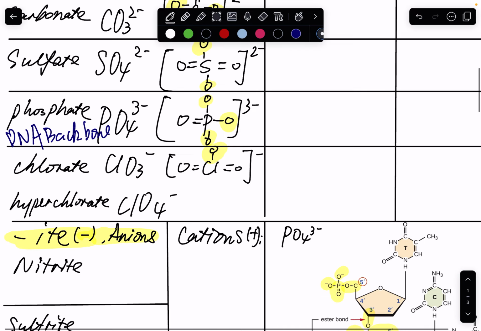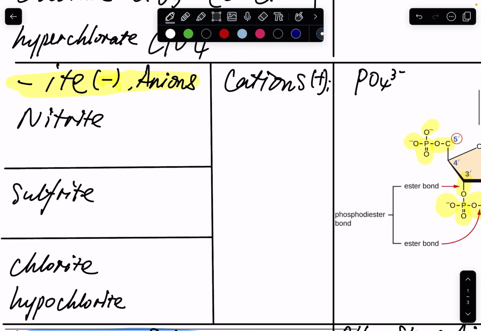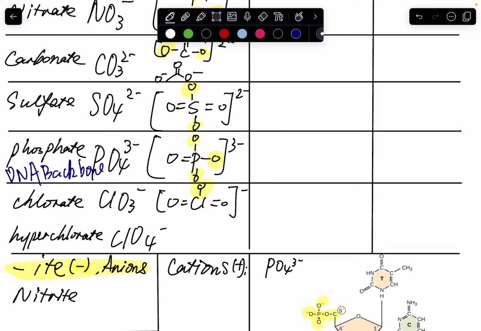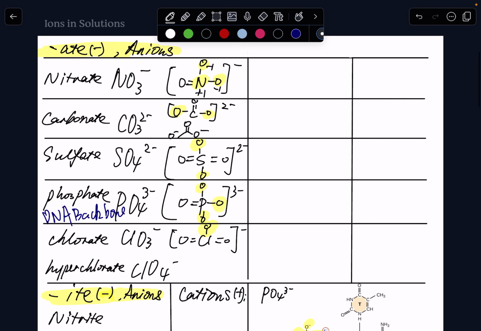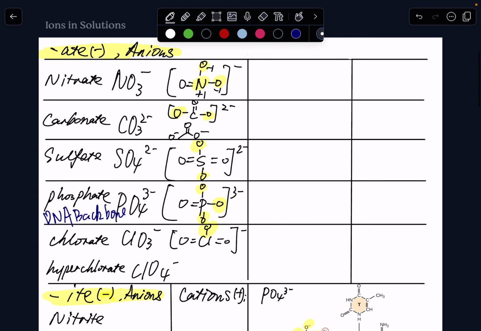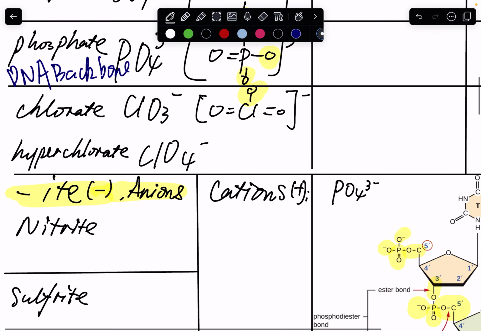All right, so that's the ATE group. Now we can move down to ITE, okay? In the ITE group, we have 3 anions. Basically, the difference between ATE and ITE is that they have the same central atom, like nitrate and nitrite. But the compounds that end with ITE have one less oxygen, so I'll put a little star: one less oxygen.